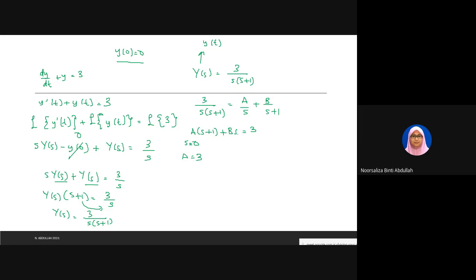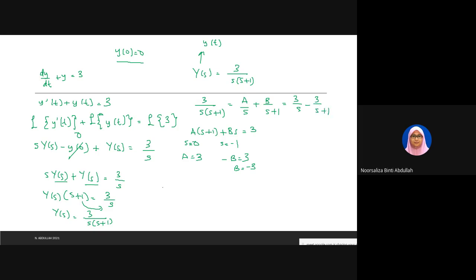You can find B if s equals to minus 1, so minus B equals to 3, B equals to minus 3. Substitute it in, so you have 3 over s minus 3 over s plus 1.